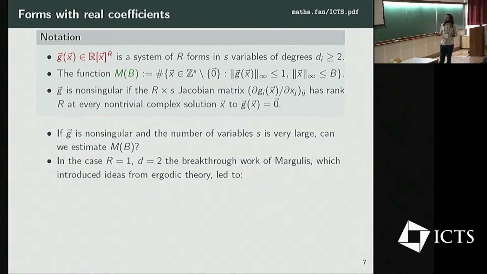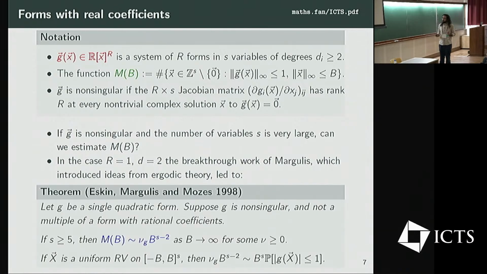So this was more or less introduced by Margulis, working on the Oppenheim conjecture. And it leads to a result like this. So this is the kind of degree 2, R equals 1 case. So you get the asymptotic that's predicted here.